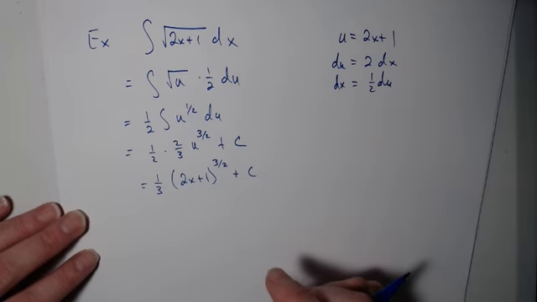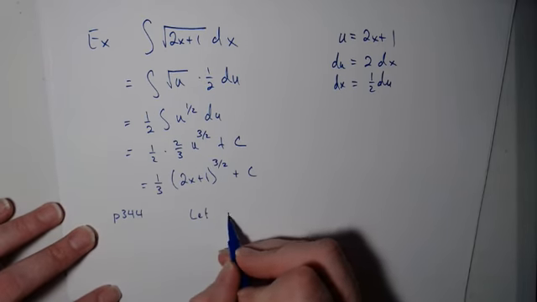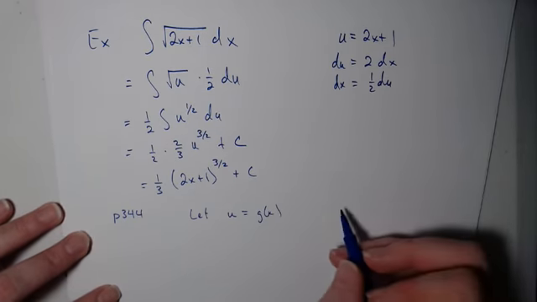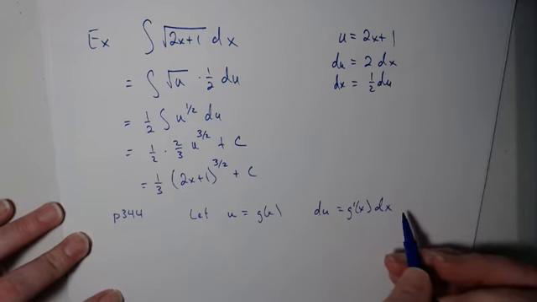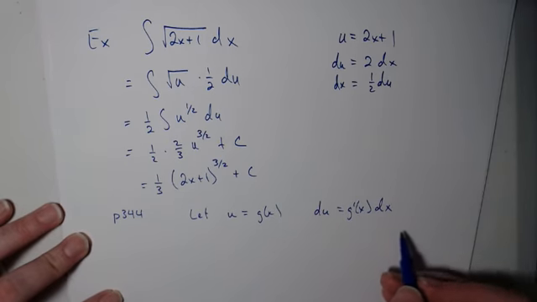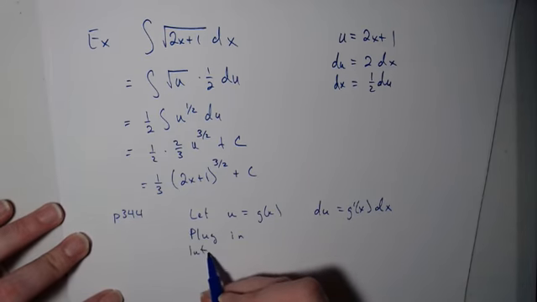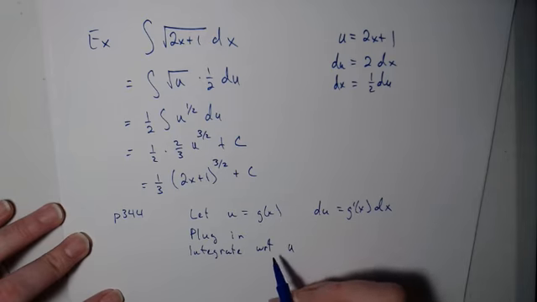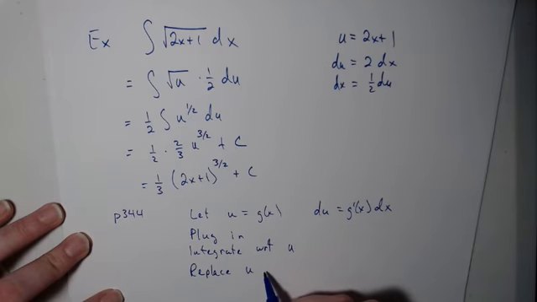However, the method is on page 344, and the steps are: let u equal g of x, whatever you decide, and du be g prime of x dx, and plug that in, and then integrate with respect to u, and then replace u with g of x again.